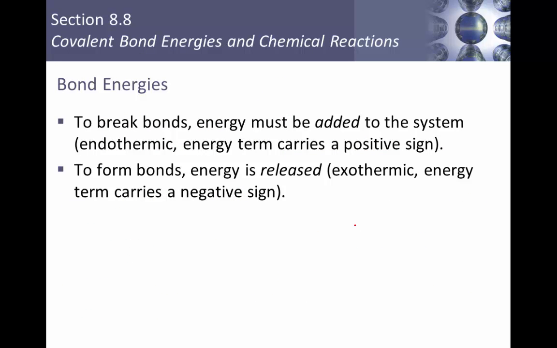Okay, so the last idea in this podcast is we have another way of finding a heat of a reaction. Remember in our last lessons in thermochemistry, we had two Hess's law type problems to get the heat of the reaction. Well, now we have a third method for doing that.